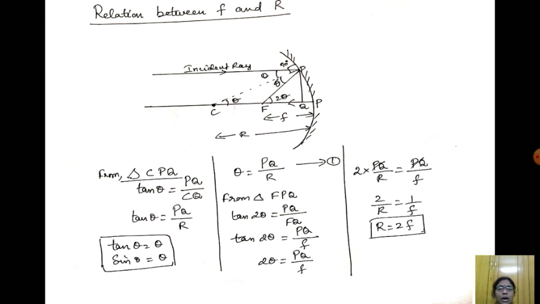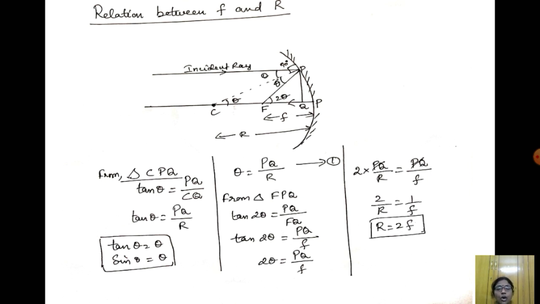In this geometry, the alternate angle is always the same, so it will have the value theta. The total of the angle of incidence and the angle of reflection is equal to 2 theta, and the angle at the point F will also be 2 theta.